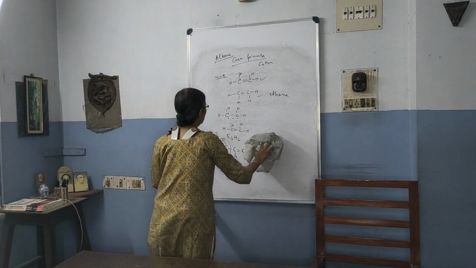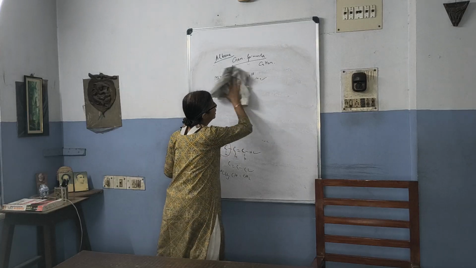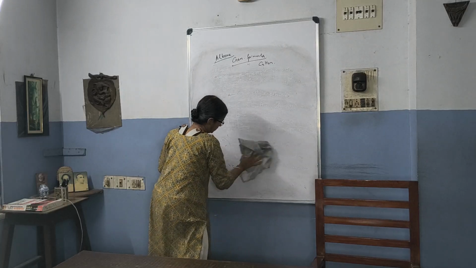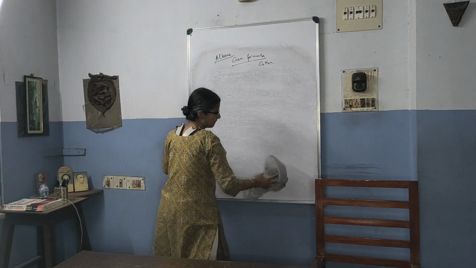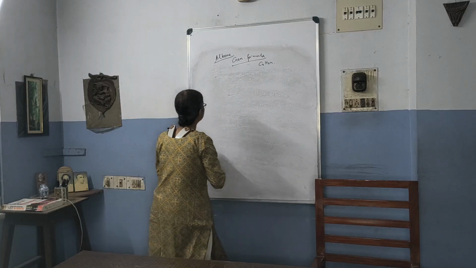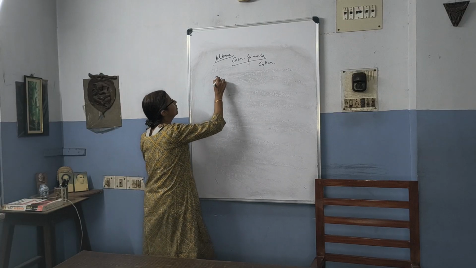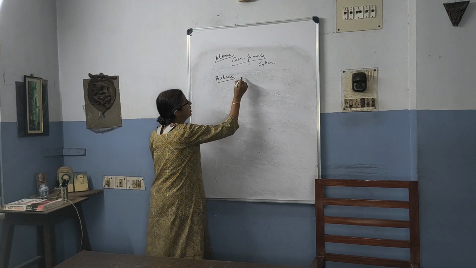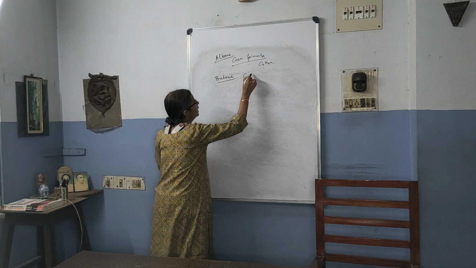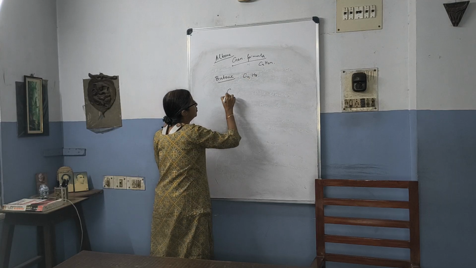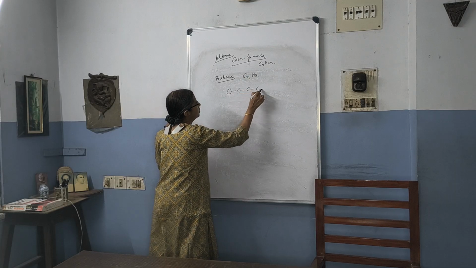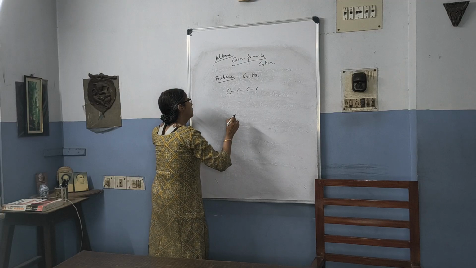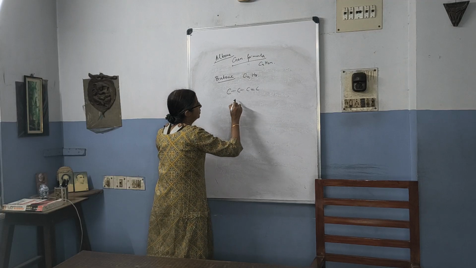Next we will move on to butene, C4H8, 1, 2, 3, 4. You can put the double bond here.